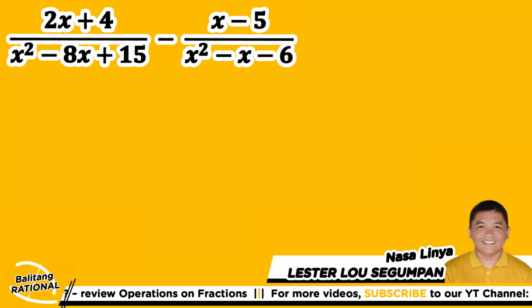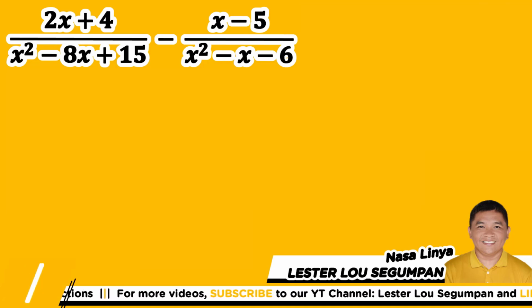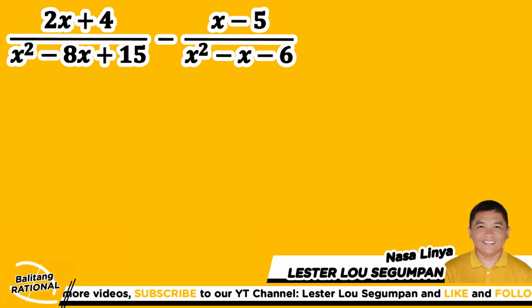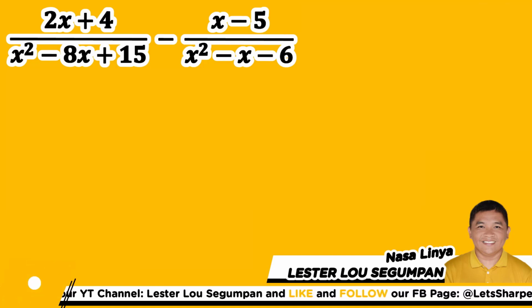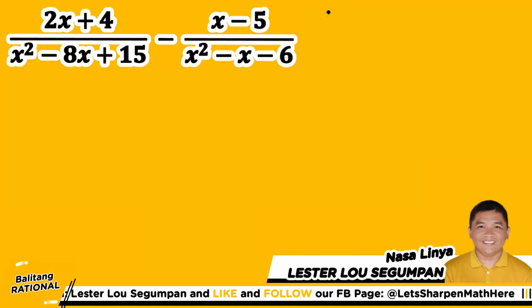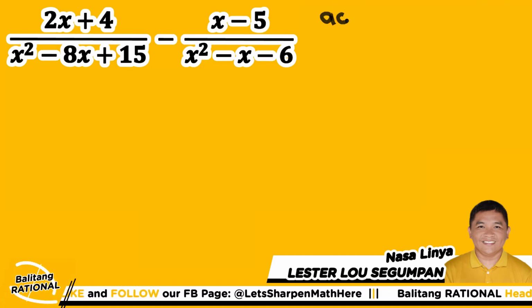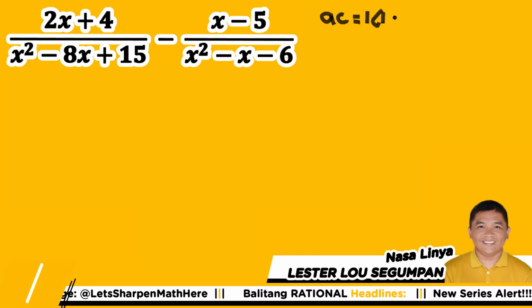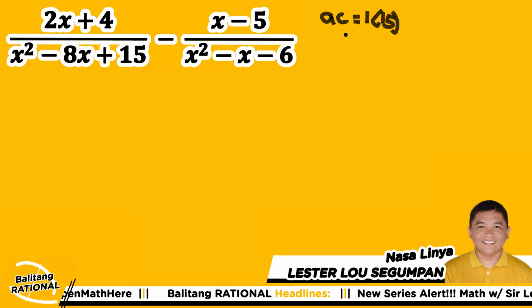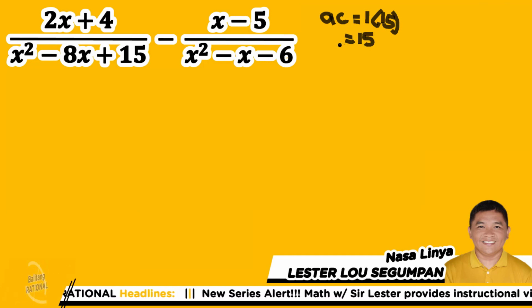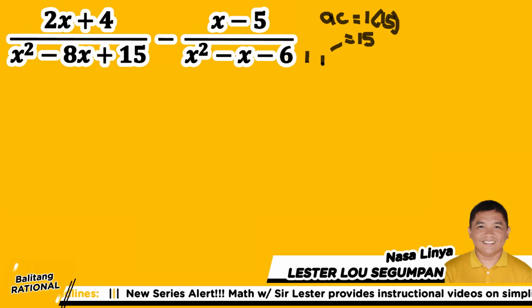of cancellation law. Our denominator of the first rational expression, which also includes yung sa pangalawa, ay tinatawag natin quadratic trinomial. So we can factor them using the AC way. Let's start with x² - 8x + 15. So the AC there is 1 times 15, okay, which will give us a result of 15. The factors of 15 are 1 and 15.